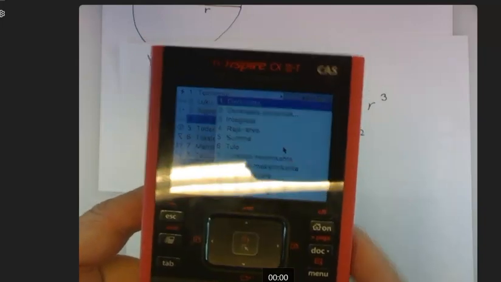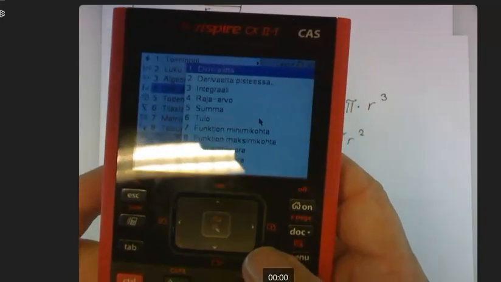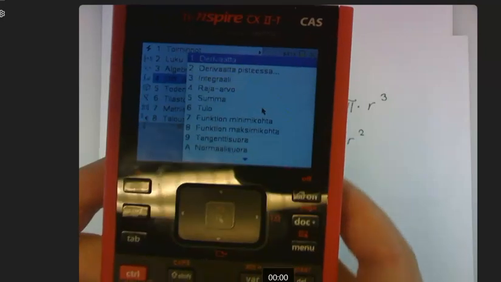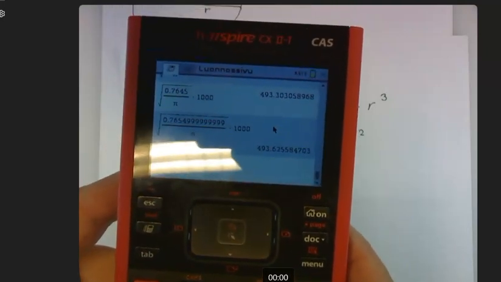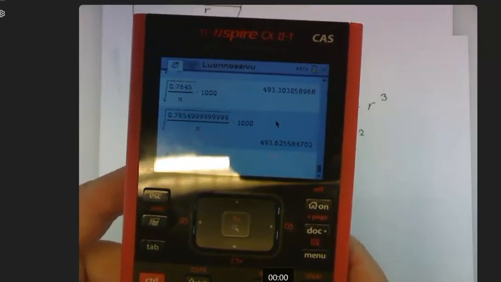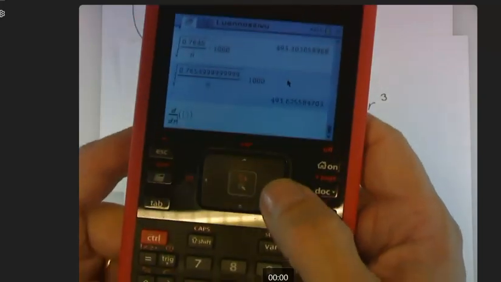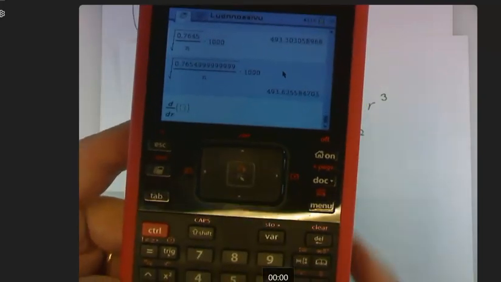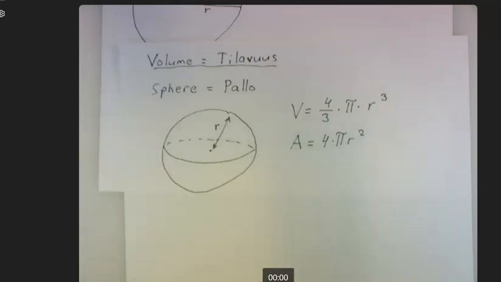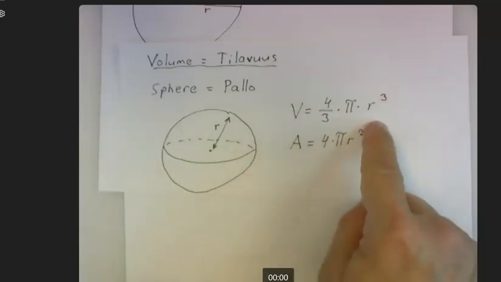And for example, here we have this derivative. You don't have to notice this, but I'm counting the derivative of this formula for volume.